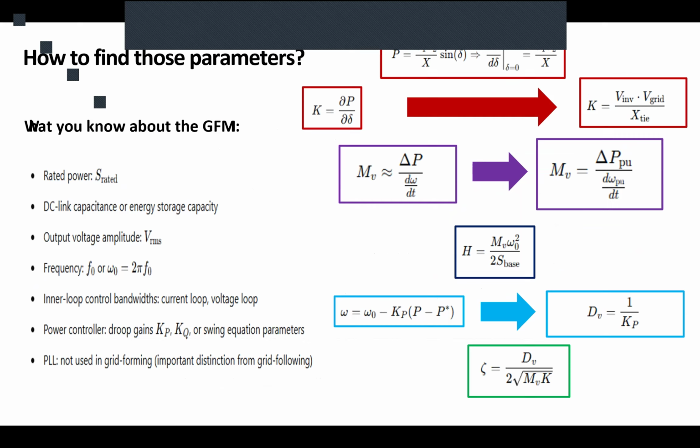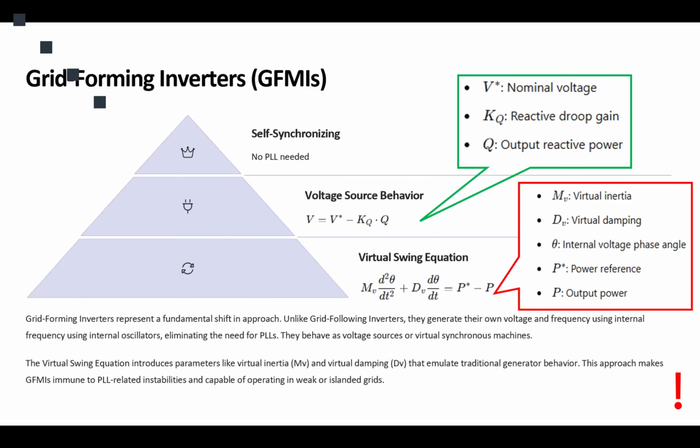Where does the internal oscillation come from? Where does it happen in the inverter? For the inverters, or any kind of system, you have a system that has a feedback loop responding to fluctuation.